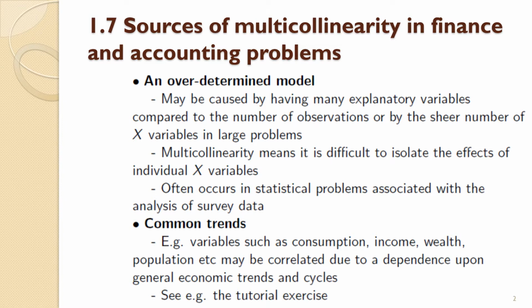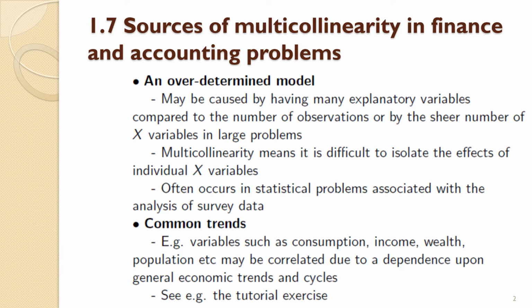Other sources of multicollinearity in finance and accounting problems include an overdetermined model. So you might have a lot of explanatory variables compared to the number of observations, or probably increasingly the case these days with more complex data, if you've got a large number of X variables in relation to the size of your sample.